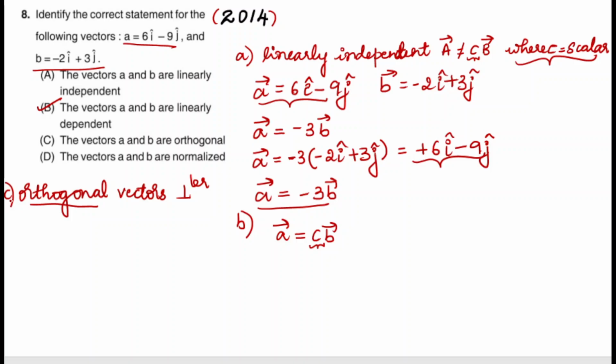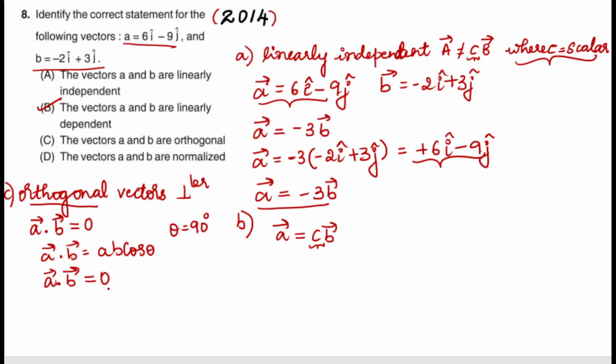Now, perpendicular vectors means that the dot product of A vector dot B vector should be equal to 0. What is the dot product of A vector dot B vector? That is equal to AB cos theta, right? If theta is equal to 90 degrees, what is cos 90? Cos 90 is equal to 0, then this A vector dot B vector will be equal to 0. What does it mean? These two vectors are perpendicular to each other.